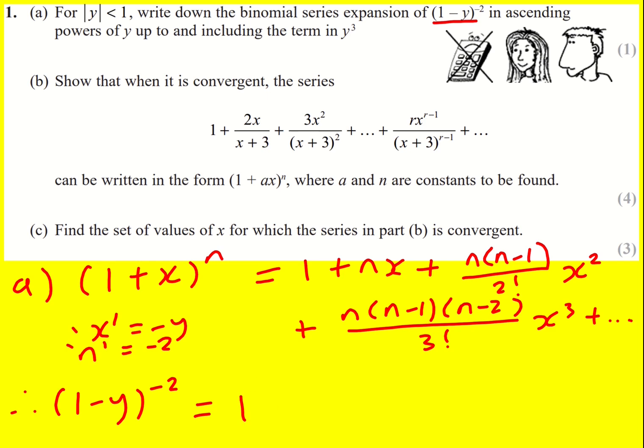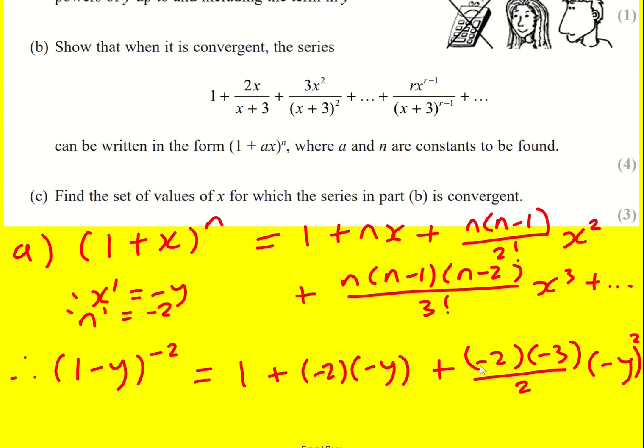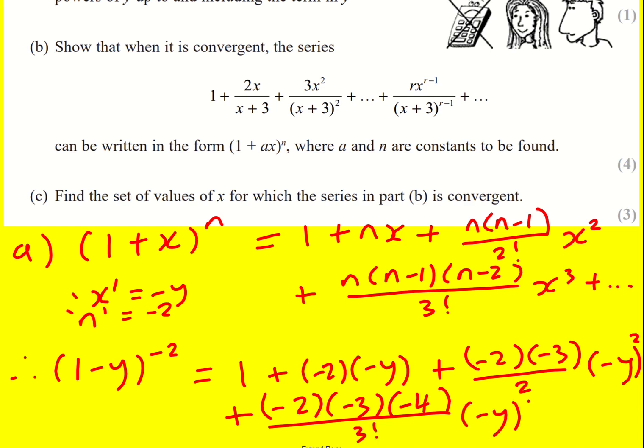So this will equal 1 + (-2)(-y) + (-2)(-3)/2 (-y)², because 2 factorial is just 2, + (-2)(-3)(-4)/3! (-y)³.